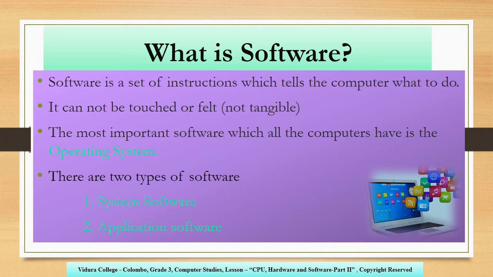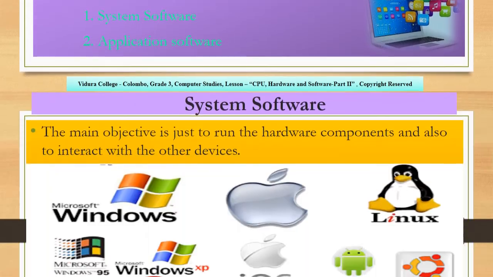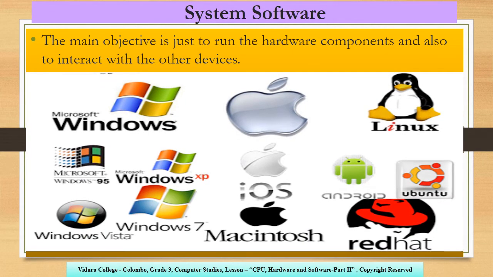Here also there are two types of software. First one is system software. Second one is application software. Let's discuss about the system software.